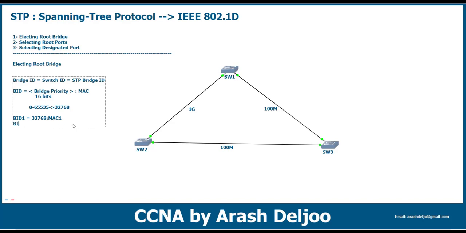After that, we have the bridge ID of switch 2, equal to the same priority and then MAC 2. And after that, BID3: again 32,768, then MAC 3. Here you can see 3 BIDs. Each switch has one BID. You know that STP is now available in all of these switches, because STP is installed in the IOS.